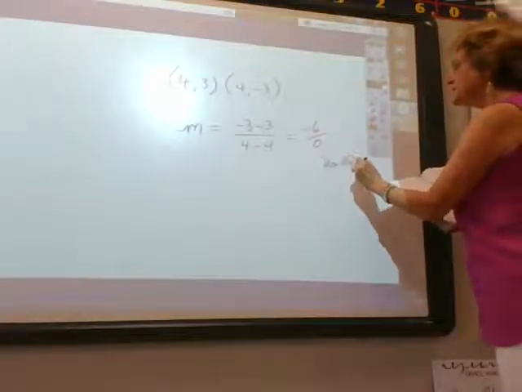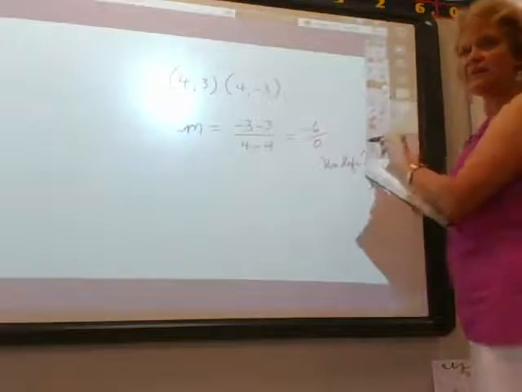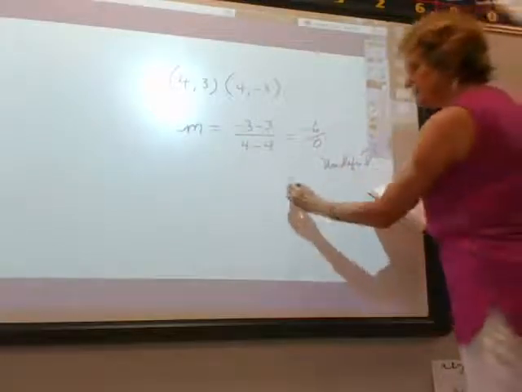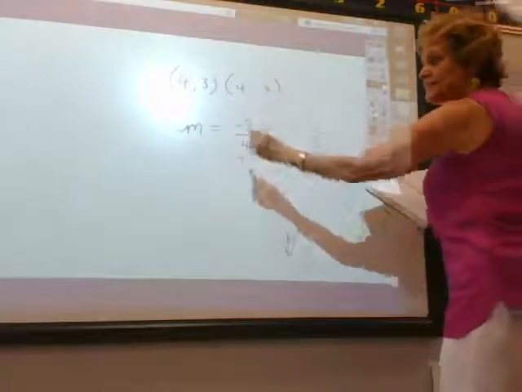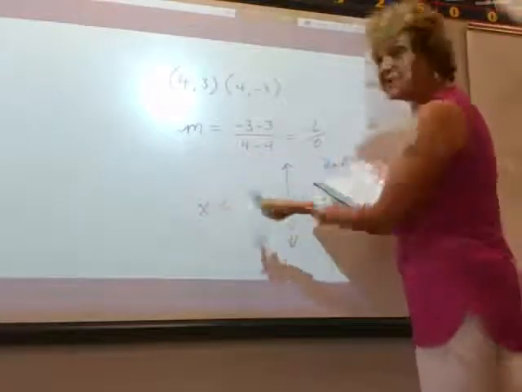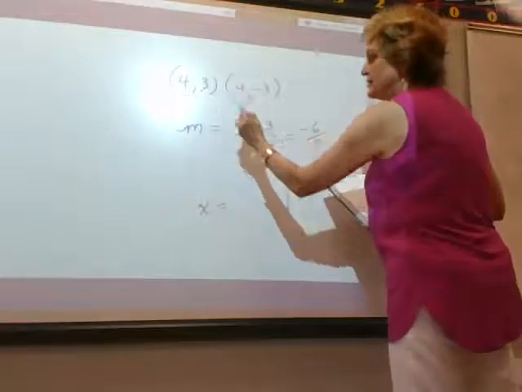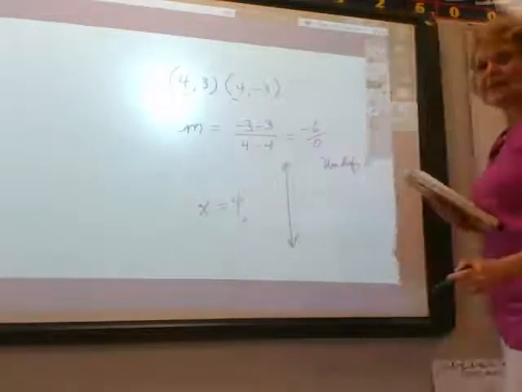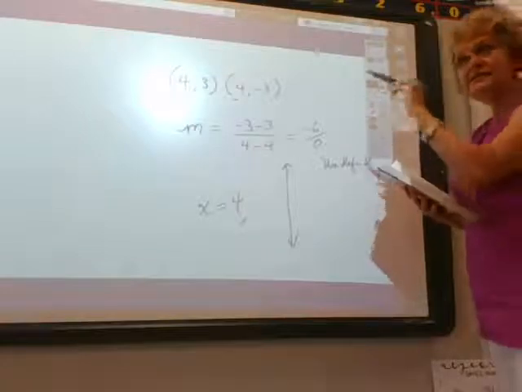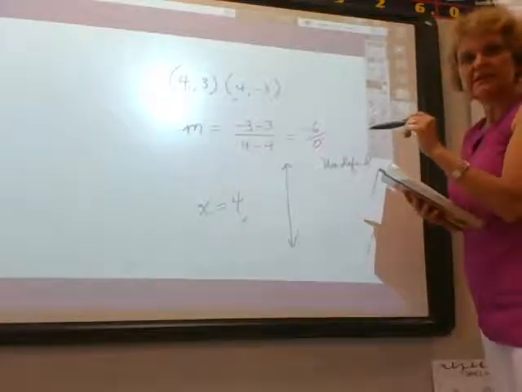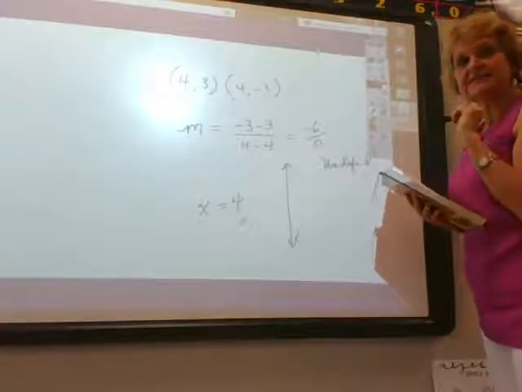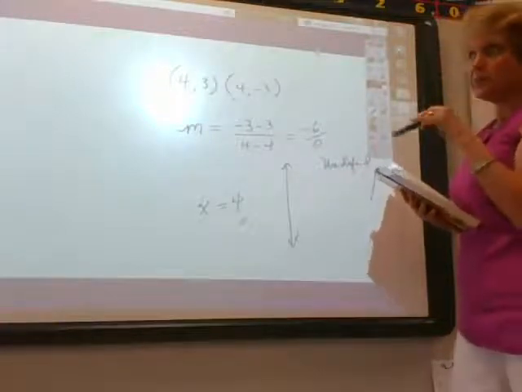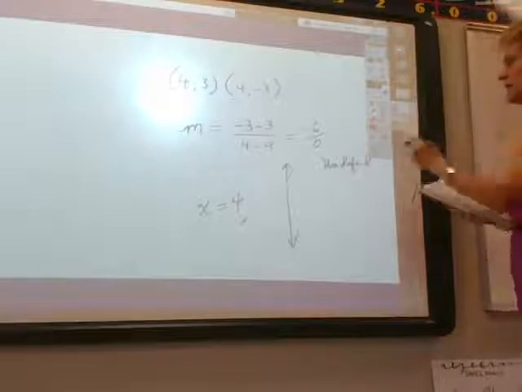So because this is undefined, we know that this is a vertical line, right? And x is equal to, vertical lines are x lines, right? x is equal to 4. All right? If we had found 0 over 7, something like that, then we know it's a y line, right? It's a horizontal line that has a slope of 0. Okay, so that would be y equals whatever the y coordinate would be.